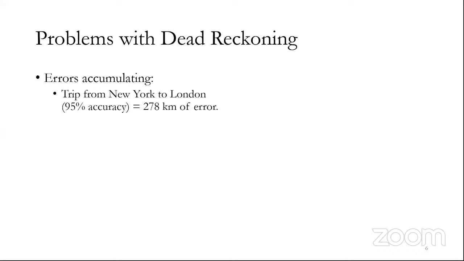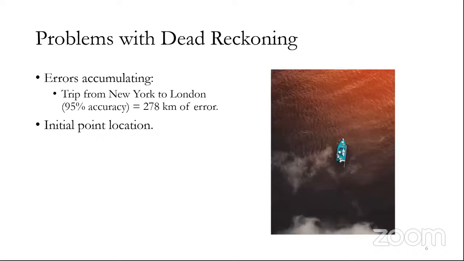That'd still leave 278 kilometers of error, which is very significant. Furthermore, another issue is that for dead reckoning, you require an initial point location. You'd have to know where you started from. So if you are lost, you cannot get unlost using dead reckoning because you have no initial point of reference.